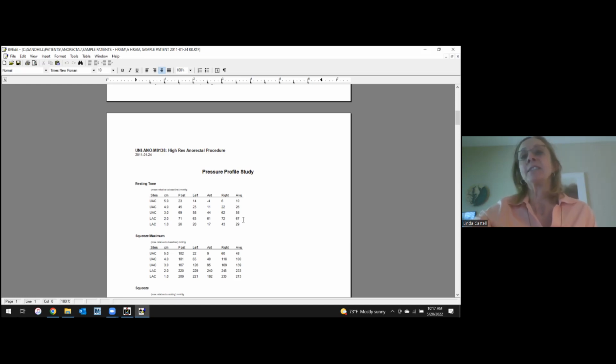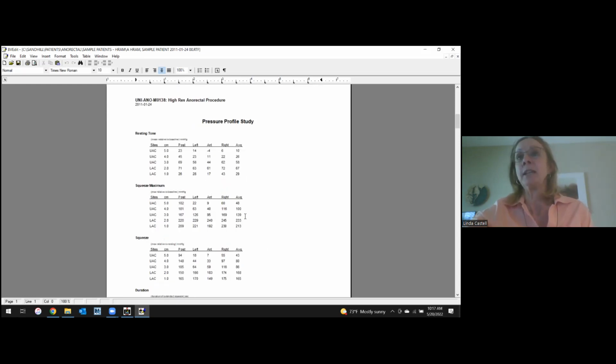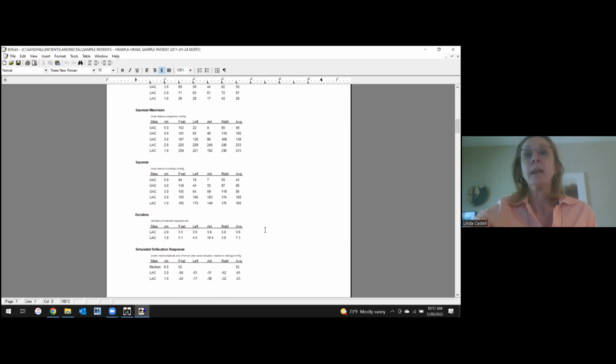When they push excessively for a long time, they could have pudendal nerve damage and muscle weakness. So you will see sometimes low pressures on patients with constipation and difficulty passing stool. Same thing with maximum squeeze. Sometimes you'll see a weaker squeeze just because of the pudendal nerve damage from excessive pushing.